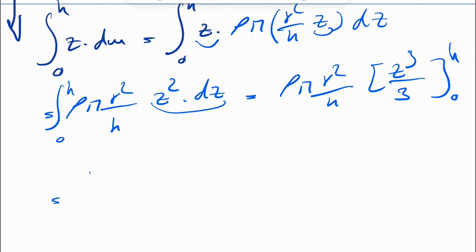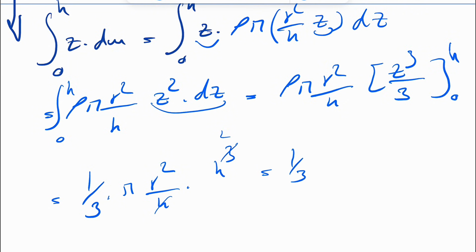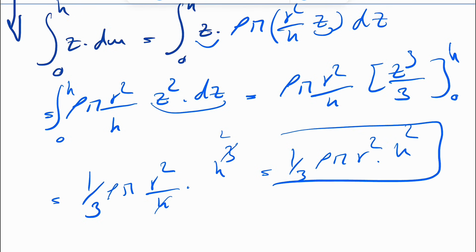This is going to be 1/3 of rho pi r squared over h times h cube. Actually, I already took the 3 in here, so we don't need to do it again. So we can cancel this out. It's going to be 1/3 of rho pi r squared h squared. So that's going to be our numerator.